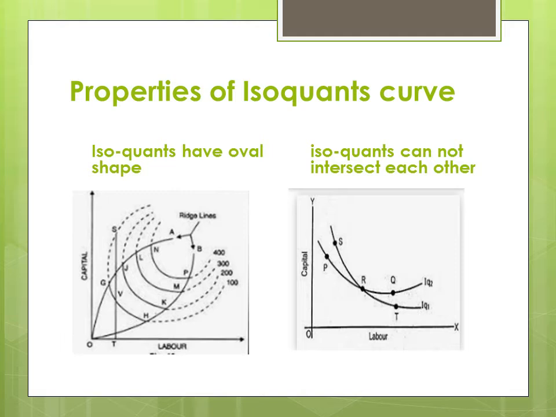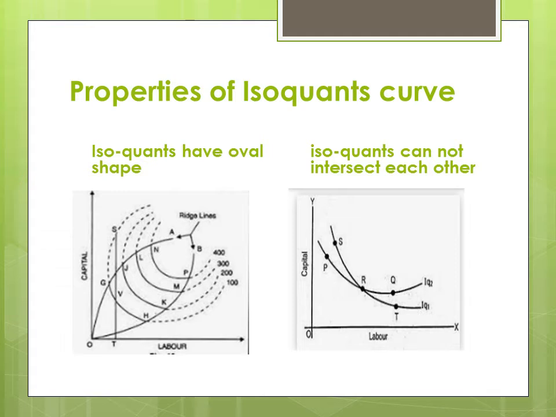So the marginal rate of technical substitution of labor for capital is falling. Both inputs are substitutes but not perfect substitutes. The marginal rate of technical substitution is equal to the marginal productivity of labor over the marginal productivity of capital.